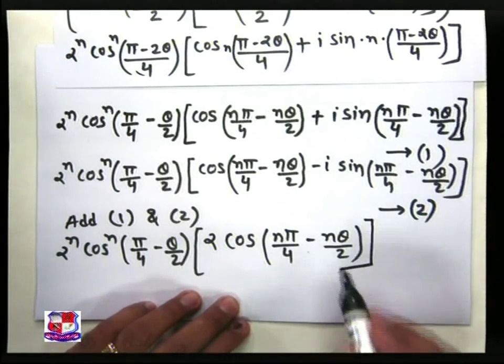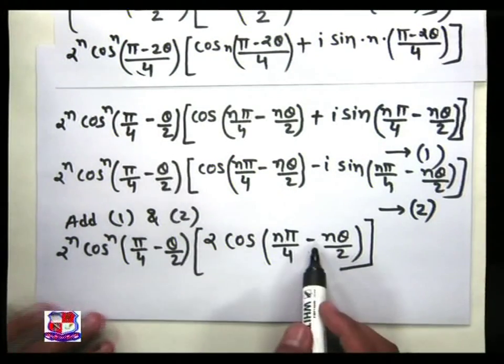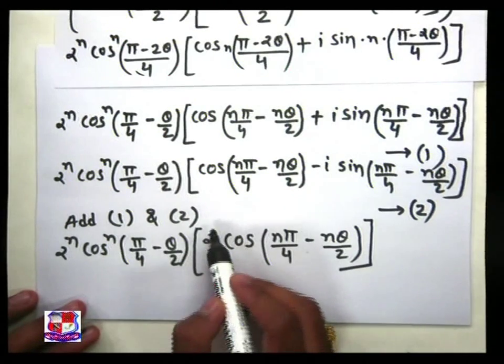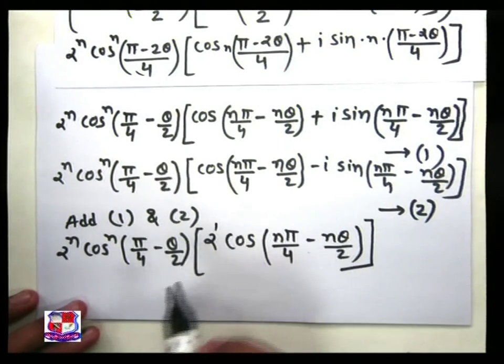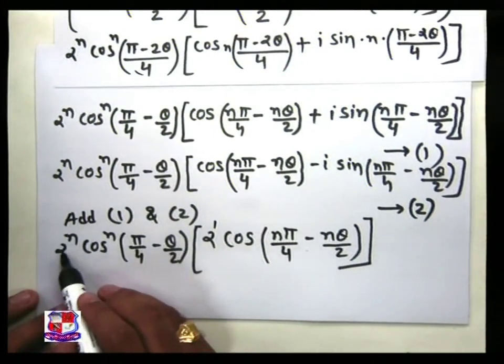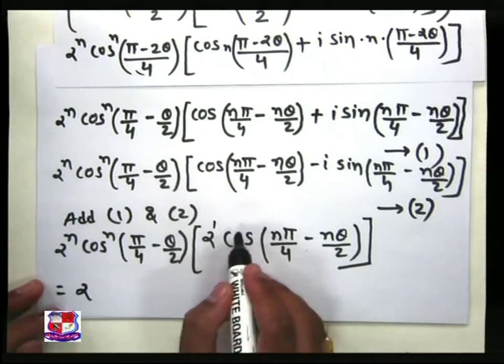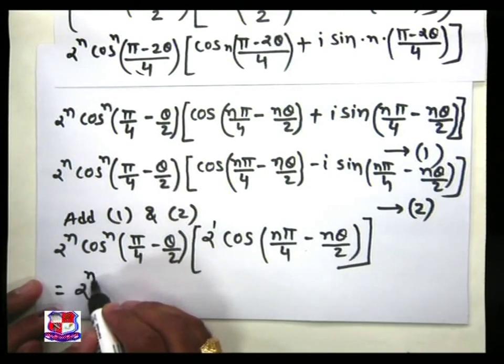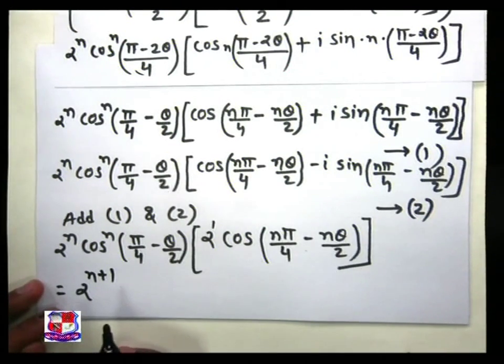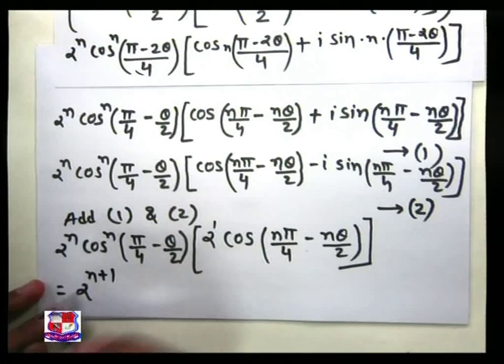So if we add, only the real part remains. Now finally here 2, that means 2 raised to 1, and here 2 raised to n. So ultimately we can say the addition of the powers, that is 2 raised to n plus 1.